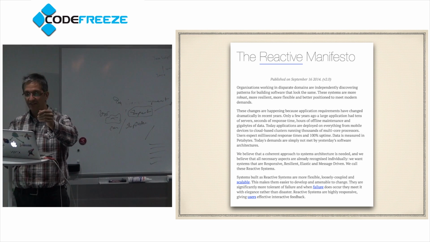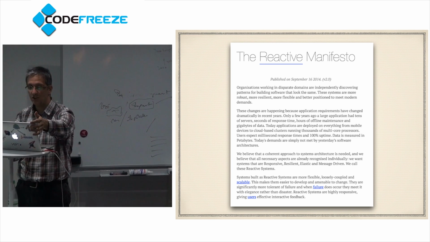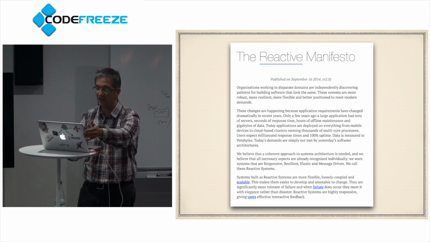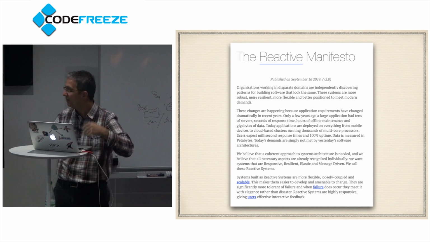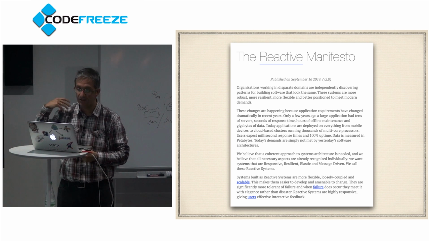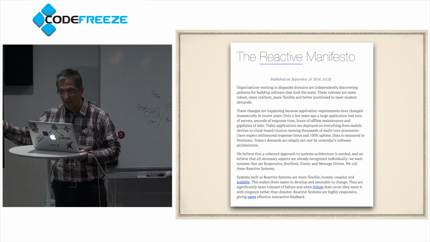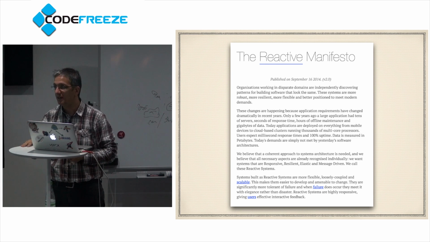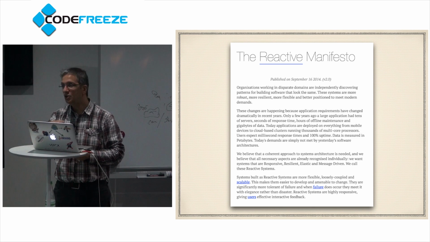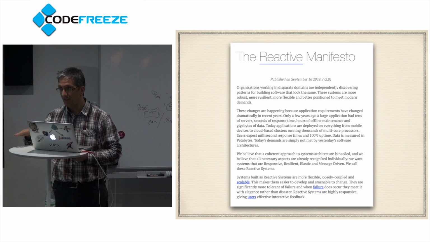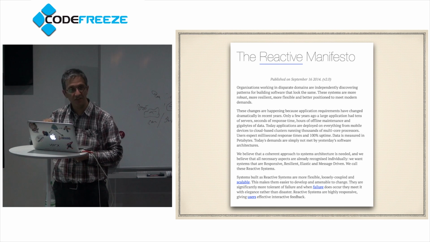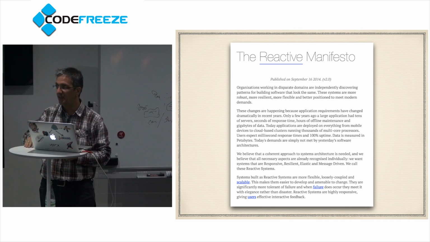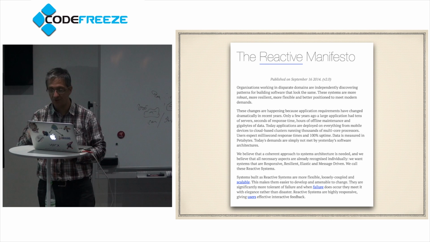Now, if you read this manifesto, it talks about scalability. Nowadays, if you are doing something that is not scalable, just stop. It doesn't matter if you don't have more than 100 users. If it's not scalable, forget it, right? Silicon Valley is not interested.